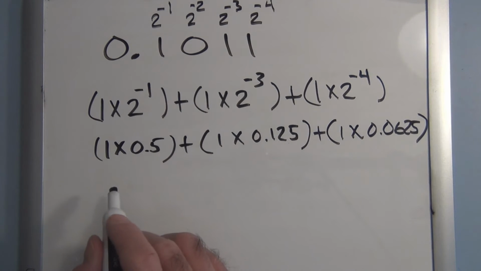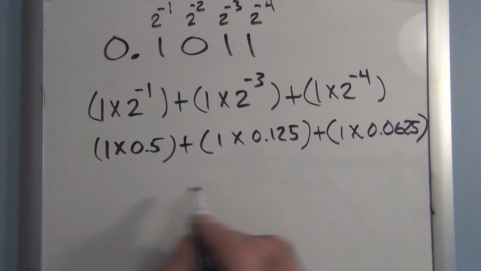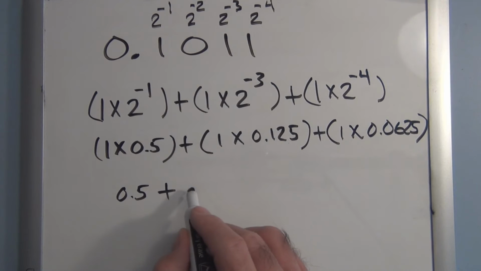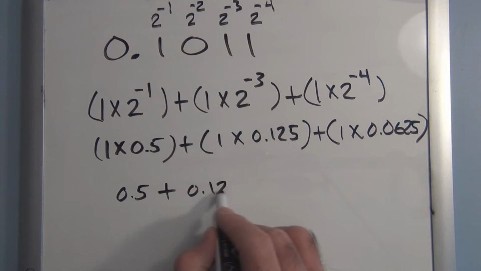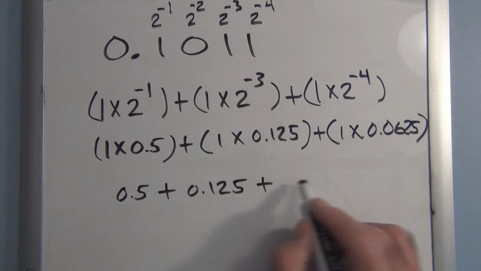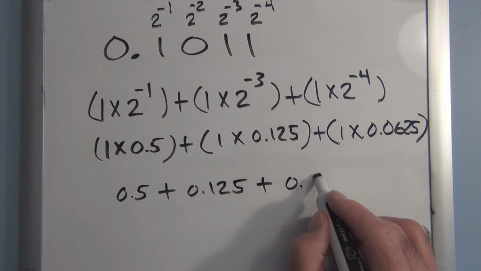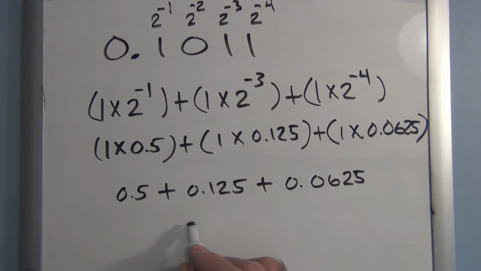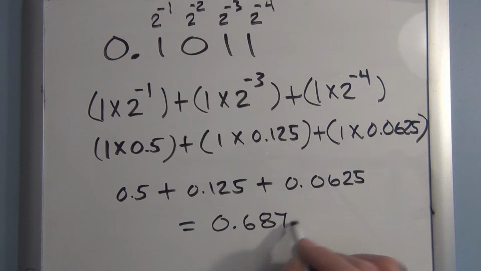And if we add this up, we have 0.5 plus 0.125 plus 0.0625, which is equal to 0.6875 in decimal.